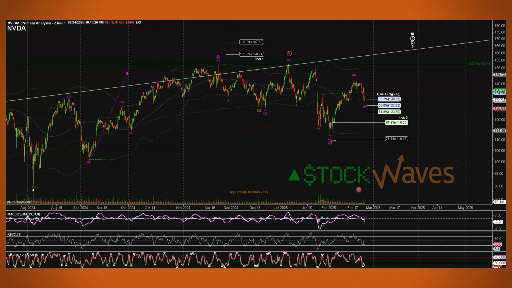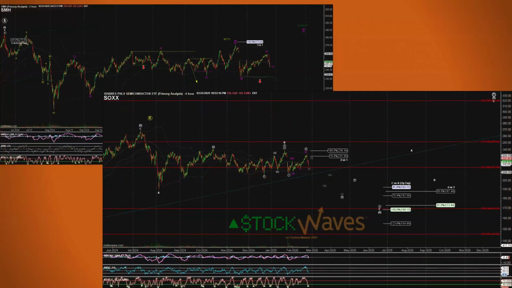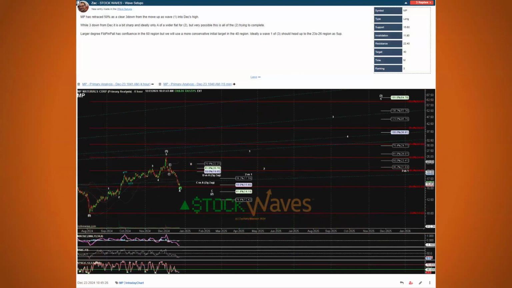Okay. And James is asking, when you see that a low has occurred, how do you enter the trade? We talk a lot about using layers. Let me get back to Tesla. We'll use MP here as an example.